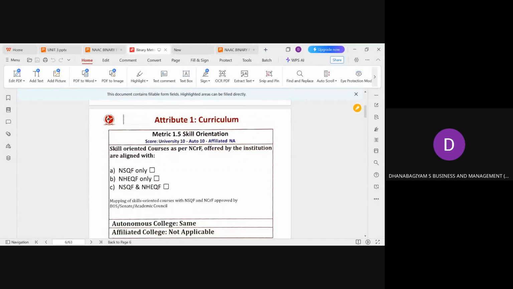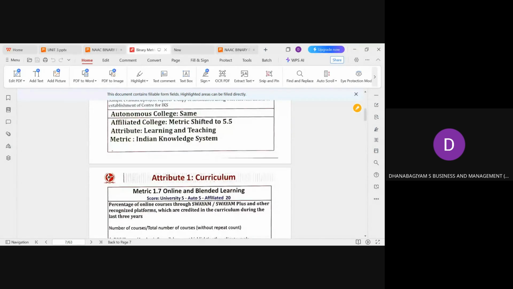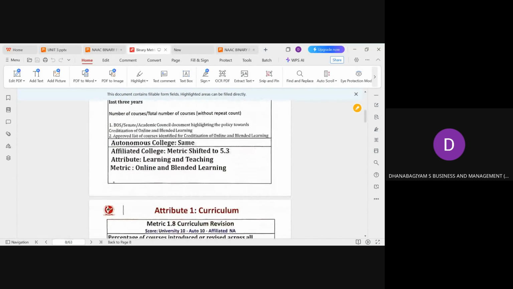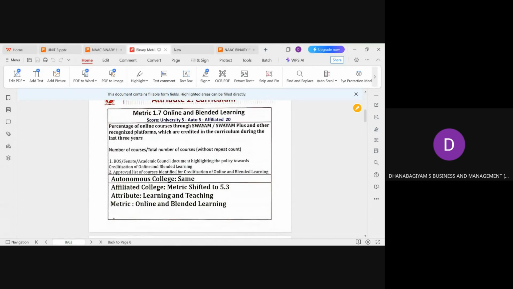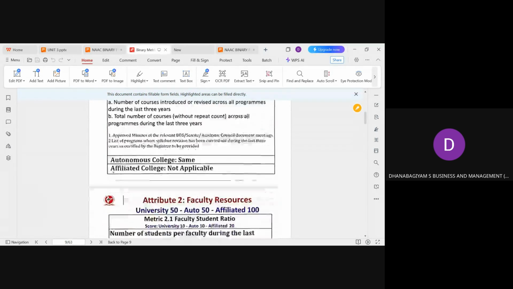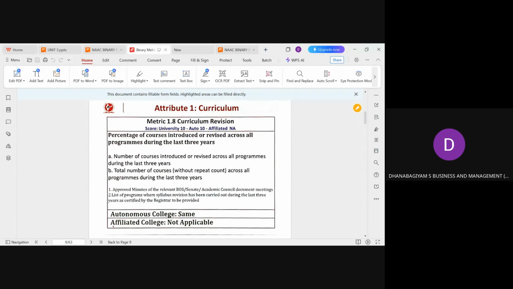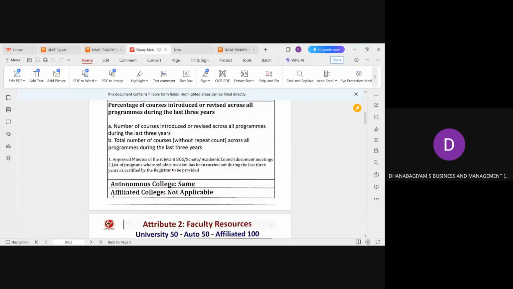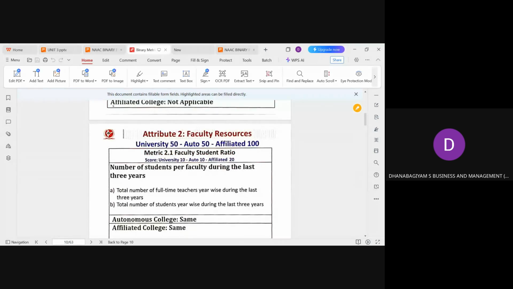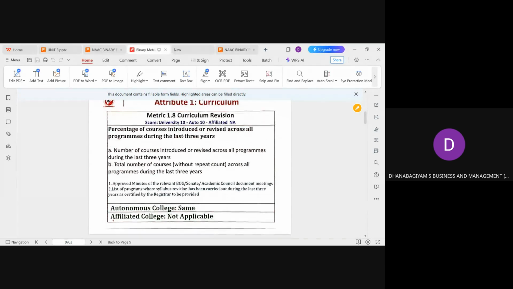And similarly, next 1.5 is skill orientation courses, and 1.6, as we have seen earlier, is the Indian knowledge management system, and 1.7 is related with online and blended courses, and 1.8 with the curriculum revision, how far we have revised our syllabus. The earlier old courses need to be removed, and we have to place new courses which are more and more relevant to the industry. And these are all the things that will be covered under attribute 1, that is curriculum.